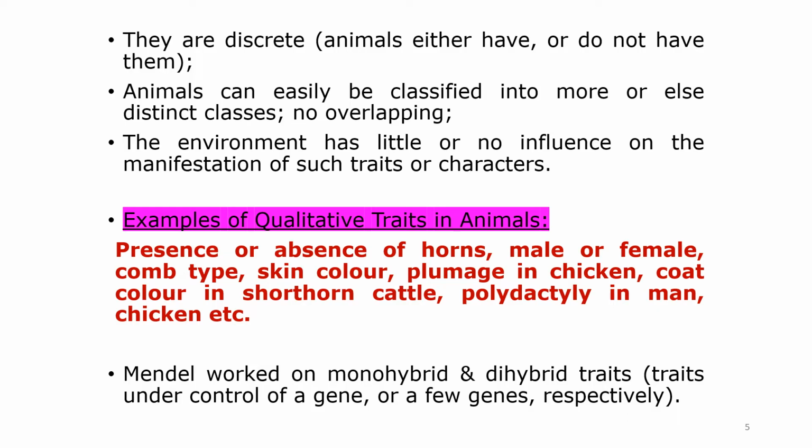So Mendel basically worked on monohybrid and dihybrid traits. Monohybrid meaning trait controlled by one gene, and dihybrid traits controlled by two genes or more, mostly two genes. And these traits are under the control of very few genes, or a few at most.